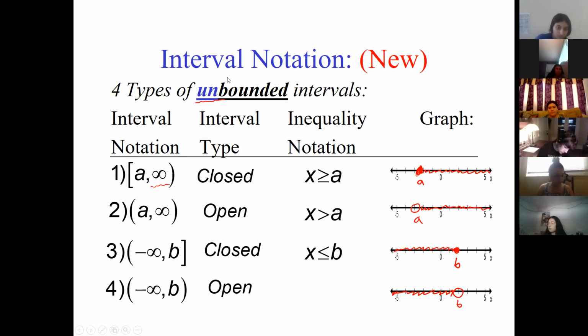If we're talking about an unbounded interval, this is an unbounded interval because it has infinity. So if they're one-sided like this, and you're going off to positive infinity or to negative infinity, they're classified as unbounded but closed if this has a bracket, unbounded and open if this is a parenthesis. So hopefully that answered your question.